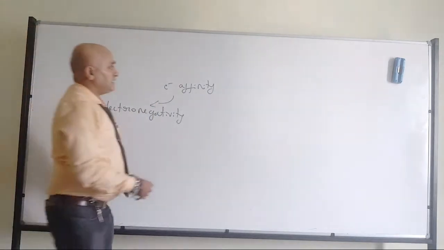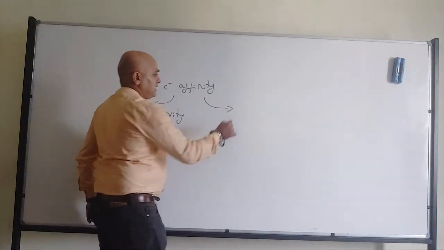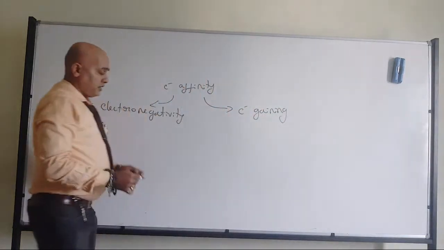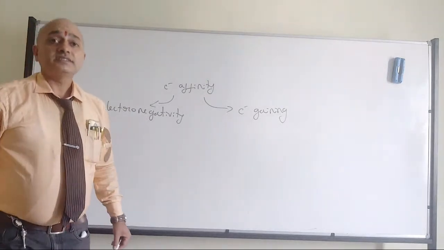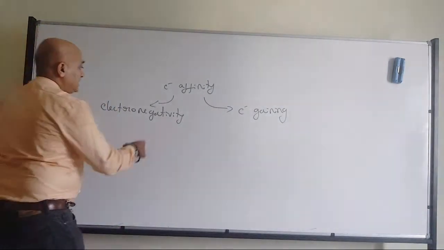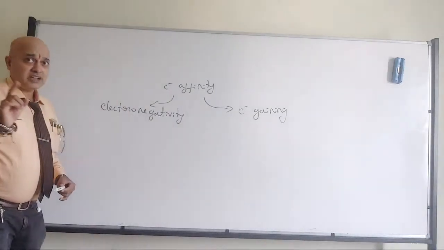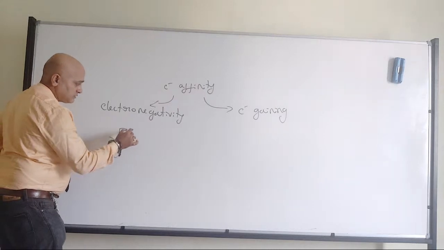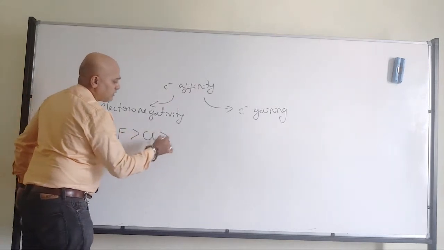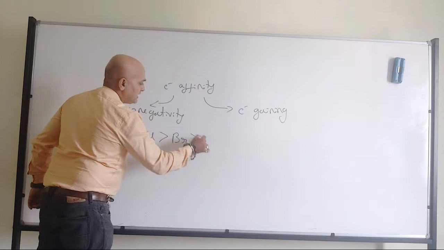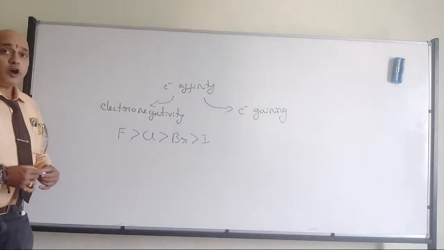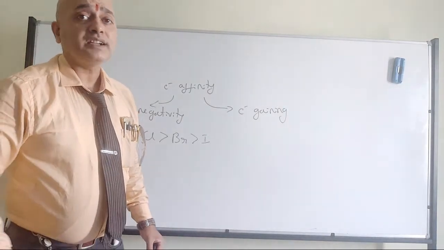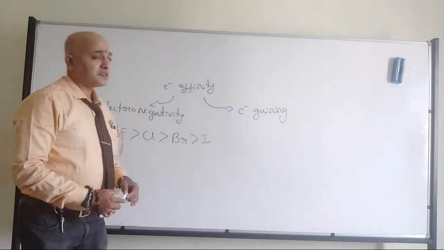But when it comes to electron affinity, we are talking about electron gaining. If you take it as electronegativity, which is not absolutely correct, naturally fluorine is going to dominate, then chlorine, then bromine, then iodine, which was option C. People will go with option C, which is not actually correct, because they have asked about electron affinity.